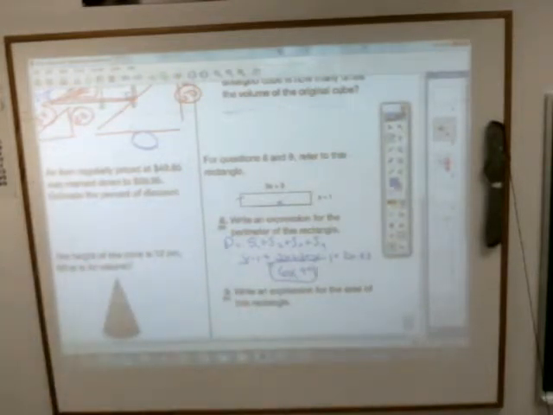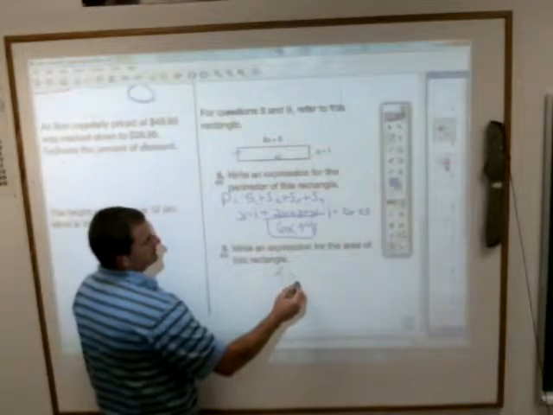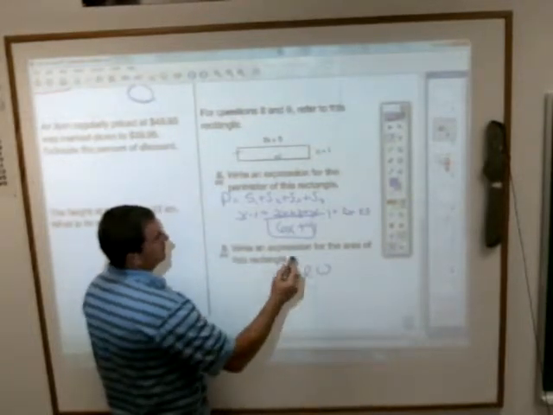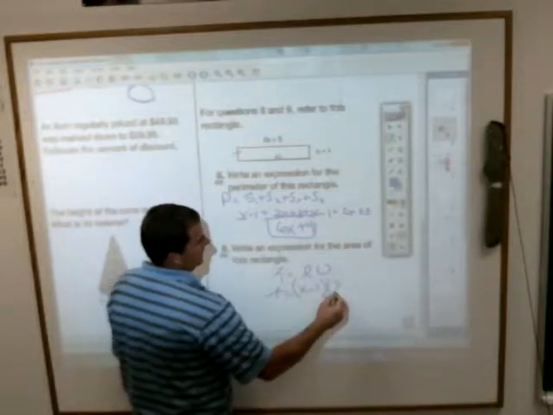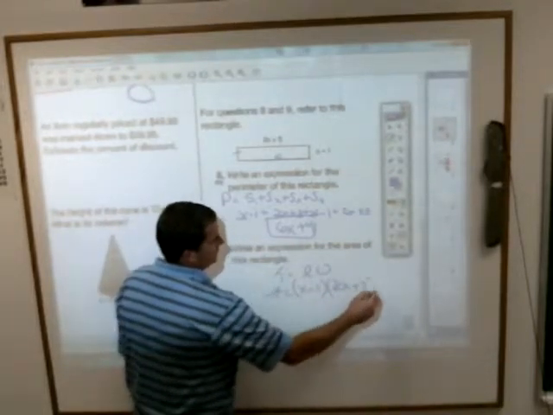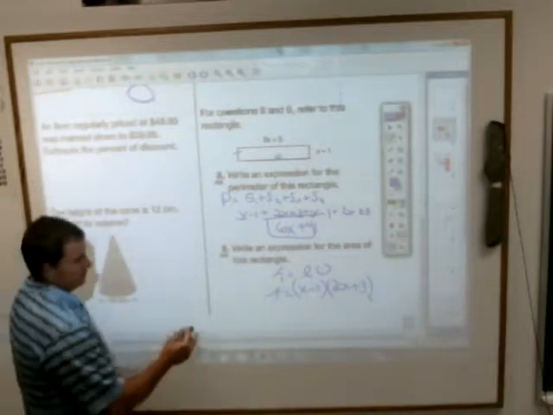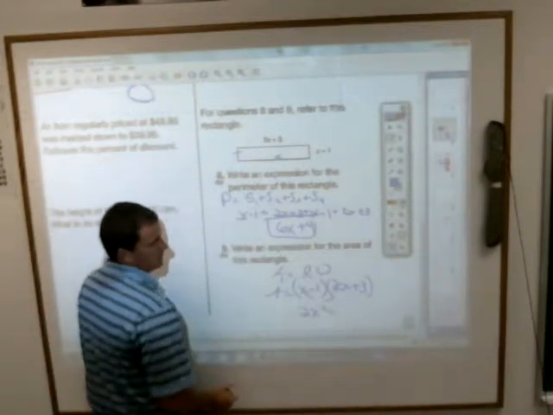Same thing for number 9. The area of a rectangle is length times width. So the area is going to be x minus 1 in parentheses times 2x plus 3 in parentheses. It's a binomial times a binomial, in which case we would use the ever popular FOIL method. 2 first terms is 2x squared.